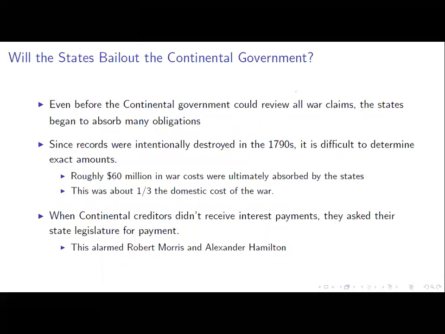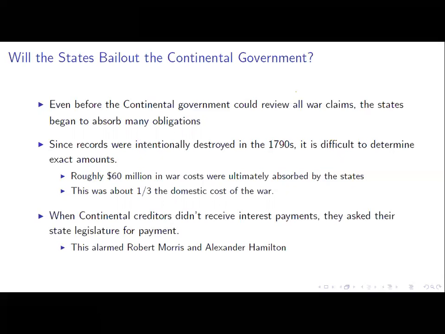So now the question is, what's going to happen to all these obligations? There are going to be various views on what's going to be important. Even before Robert Morris can review and settle all these claims, the states are already starting to assume continental obligations.